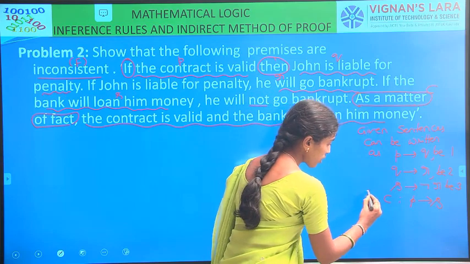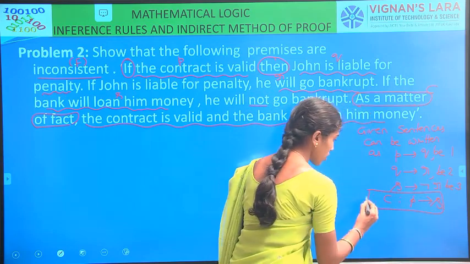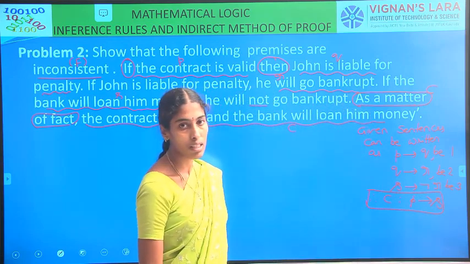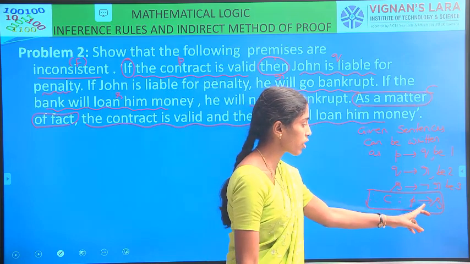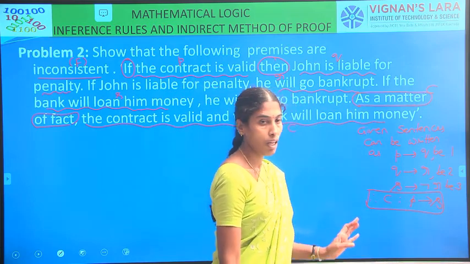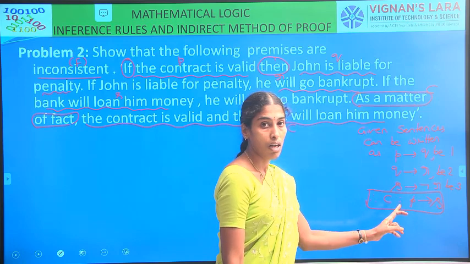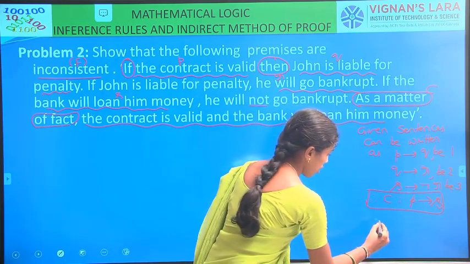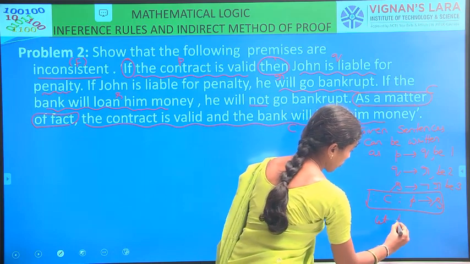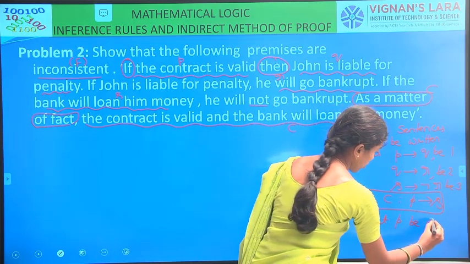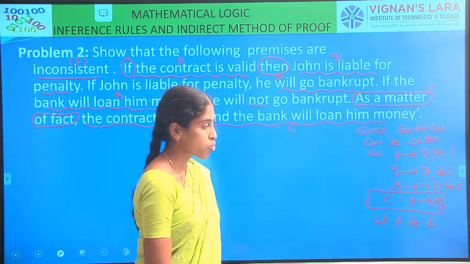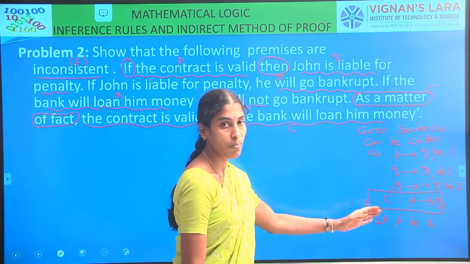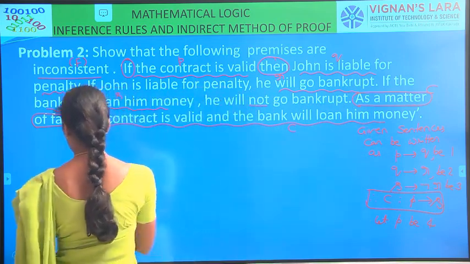Because the conclusion consists of P conditional S, whenever the conclusion is a conditional statement, the left side part we also take as an additional premise. So let P be the fourth premise. By using these numbers, we derive the problem.